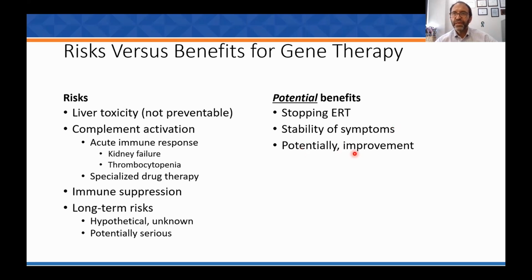And then potentially a gene therapy could actually treat Pompe disease more effectively than an ERT. And this concept is supported by those experiments that showed that a continuous but lower level GAA production is effective at treating Pompe disease and replacing ERT, and perhaps even treating Pompe disease more effectively than ERT in those mouse experiments.